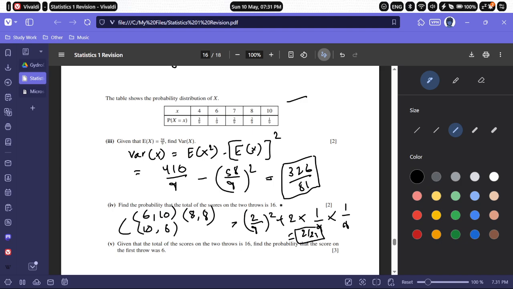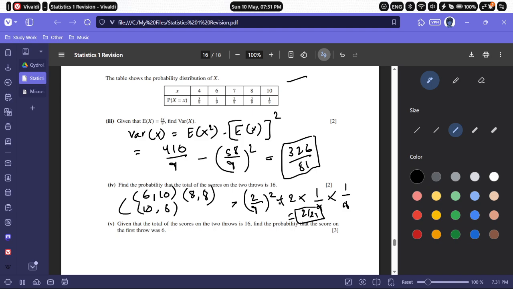Given that the total of the scores on the two throws is 16, find the probability that the score on the first throw was 6.